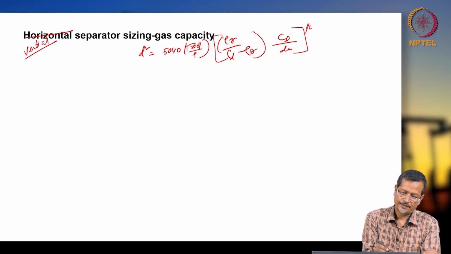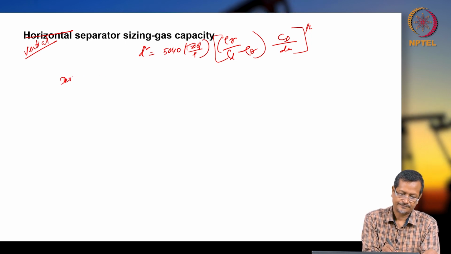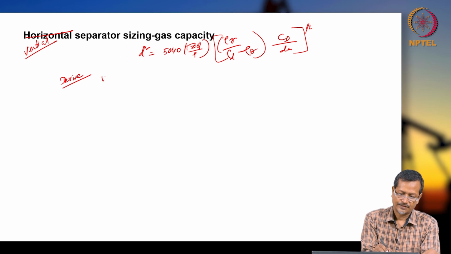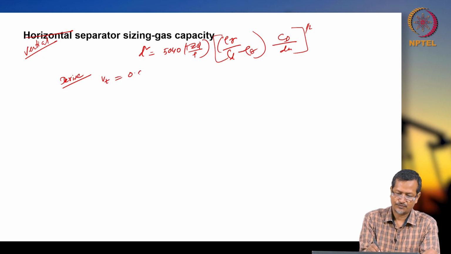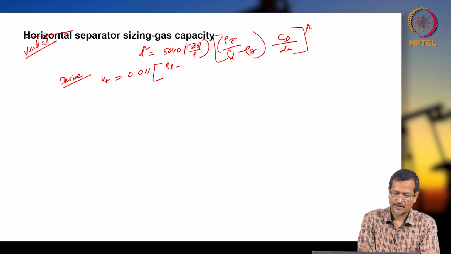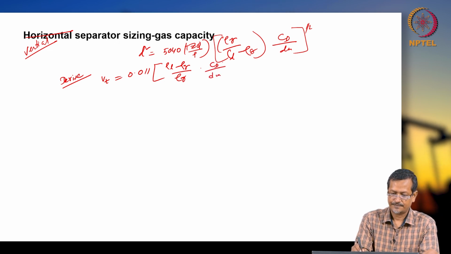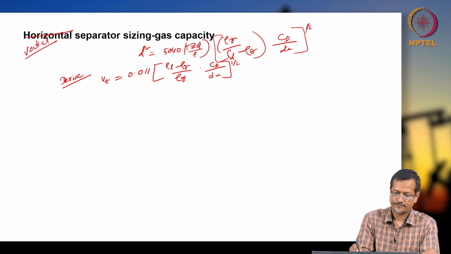Now let's start deriving this one. The Vt formula you have seen: 0.011 constant, times rho L minus rho G over rho G, into CD over dm, power half.